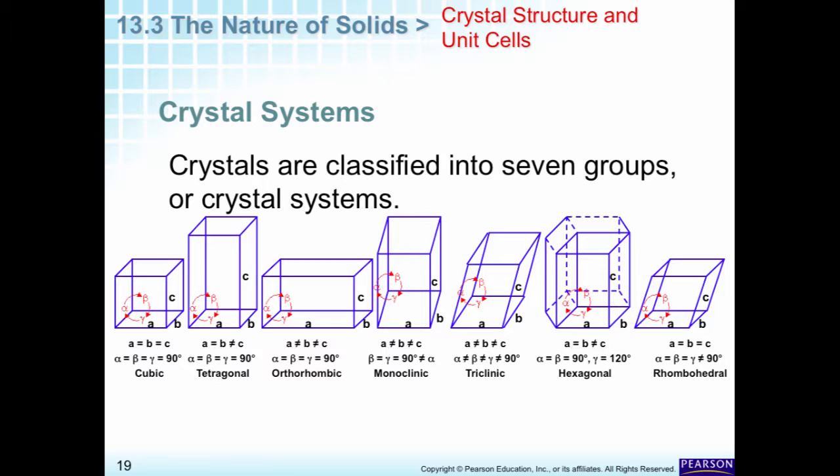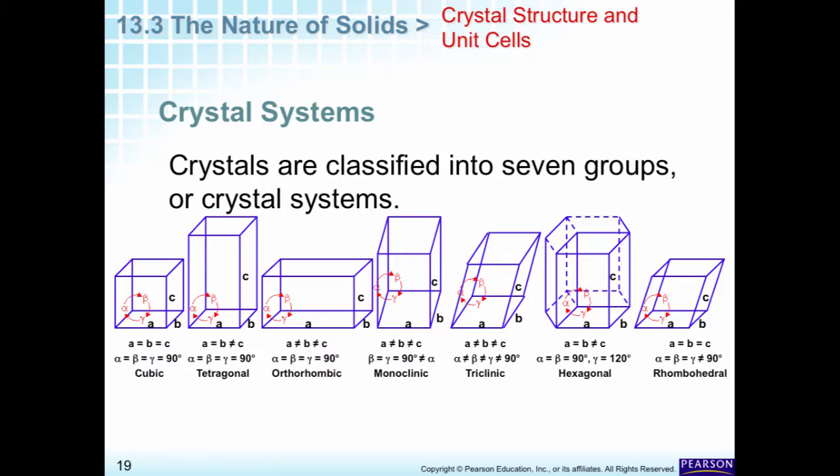Now, we can look at a cubic structure like salt, where we can look at angles and we have perfect cubes. We can see things that are a little bit bigger, and we can see different sizes, squares and rectangles and rhombuses and hexagons of how crystals are put together. Okay, these are the 7 groups that crystals are put together. I'm not going to ask you anything particular about it.